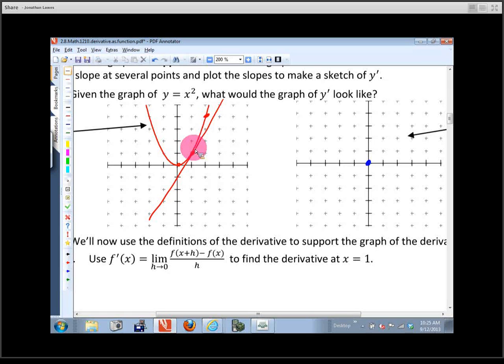About 2. Rise 2, run 1. Is that okay? So over here, I'm gonna graph a slope of 2. At the point 1? Yep. So these are x values. These are slopes. They're y primes. Wouldn't the slope just be 1 if it's at the point 1?